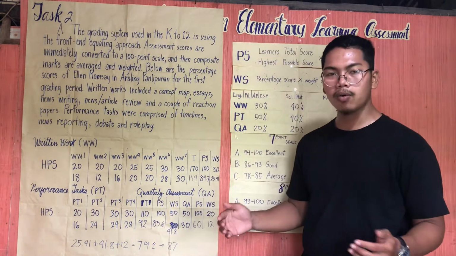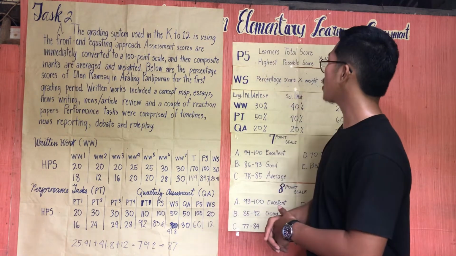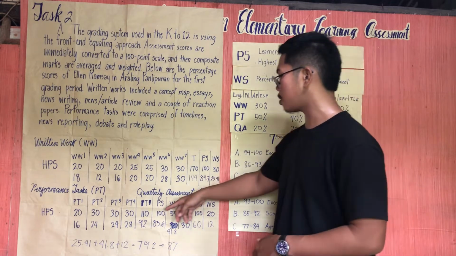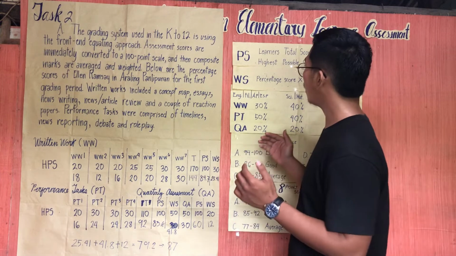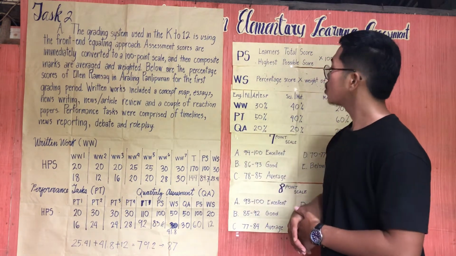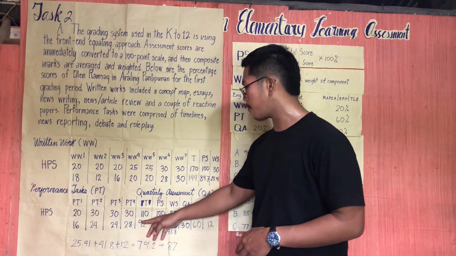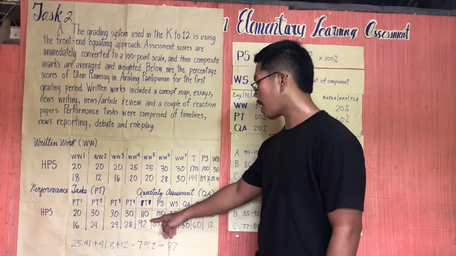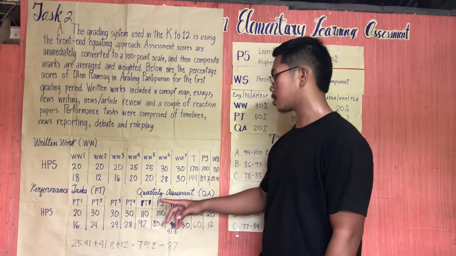We can now find the percentage score because we have the learner's total score and the highest possible score. Learner's total score is 92 over 110, the highest possible score, times 100% is equal to 83.6.